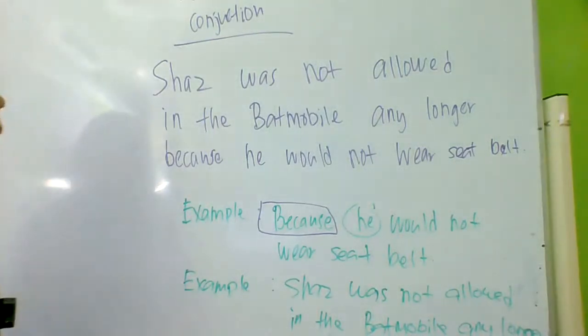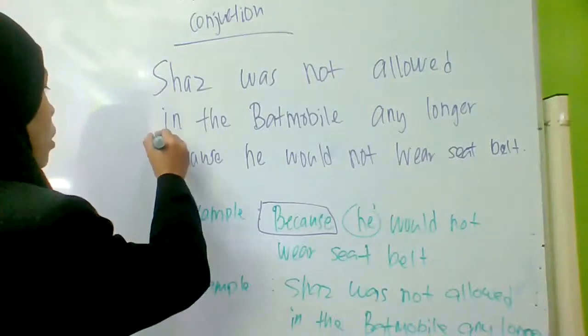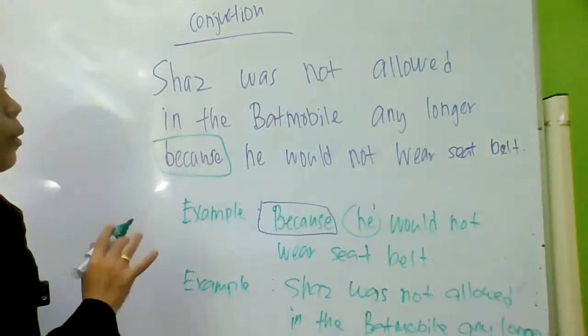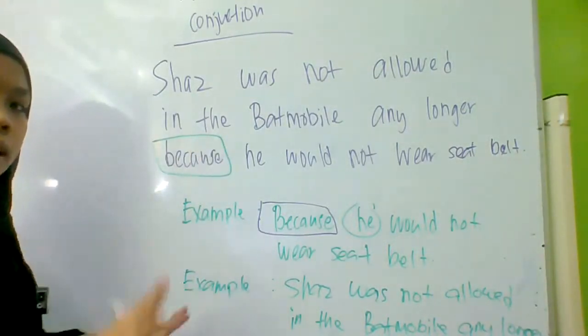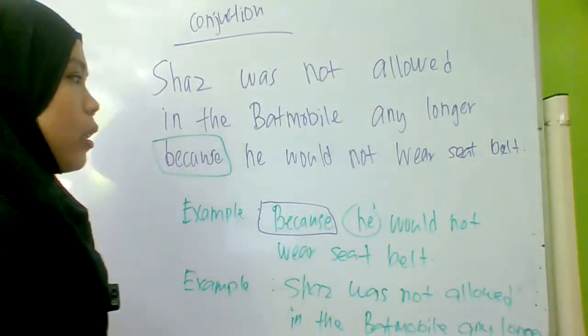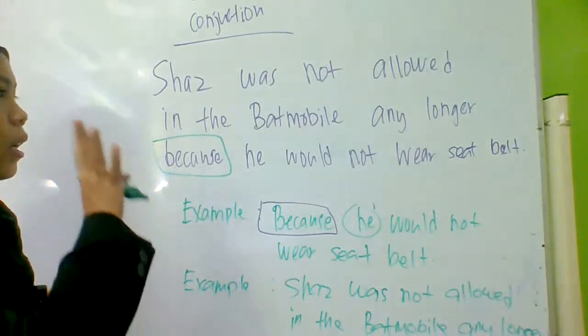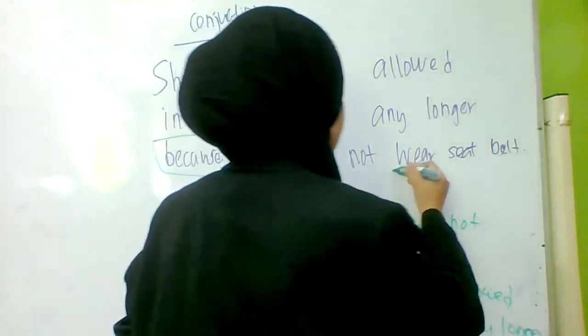Okay, let's discuss. What is the meaning or the purpose of because in the sentence? You get the idea, you get the information, you understand what the reason is, what the effect is when Shaz does not wear a seat belt.